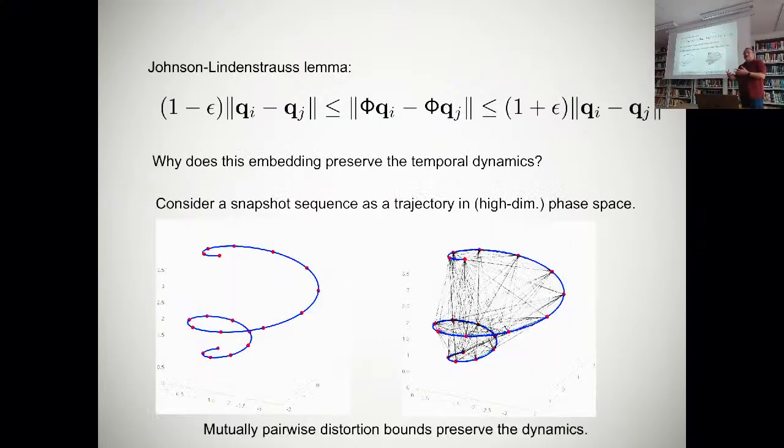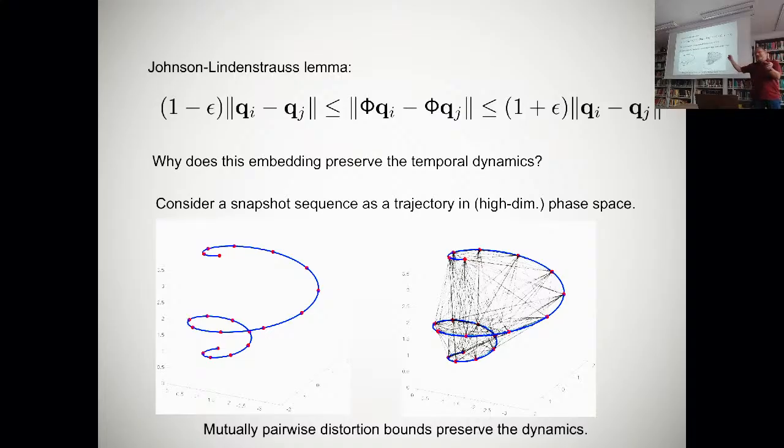So why does that preserve dynamics? Here is phase space, 3-dimensional. These are your snapshots in some kind of phase space. This is our dynamics, it spirals like this. Now Johnson-Lindenstrauss says if I take the distance of any snapshot to any other snapshot, these sticks between all the snapshots, every single stick in that picture cannot vary by more than 1% in length.